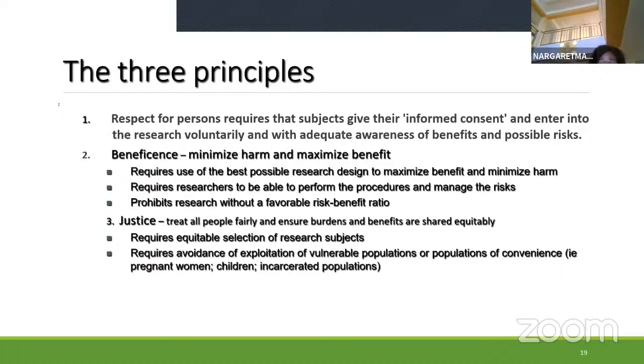For beneficiaries, you must ensure that your research design is acceptable. So that's what the IRB looks at when they submit the protocol. Is that the possible research design to maximize benefits and minimize harm?